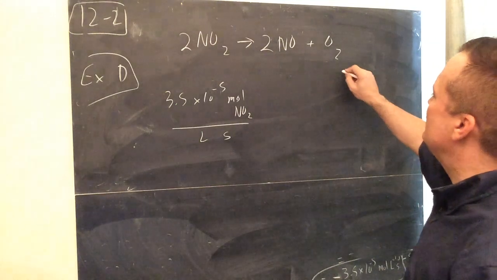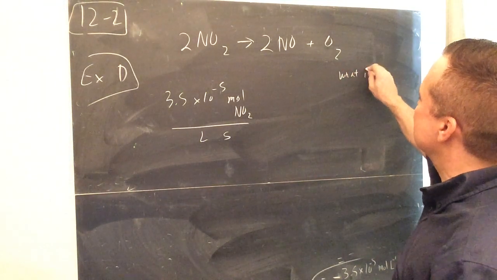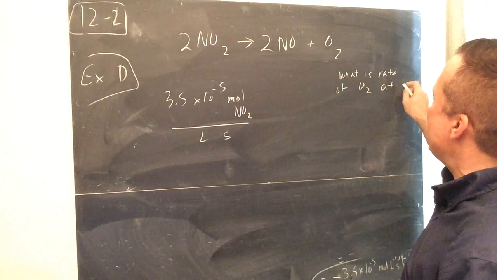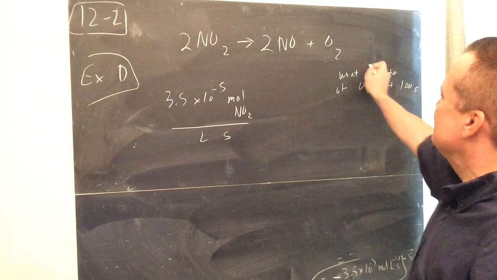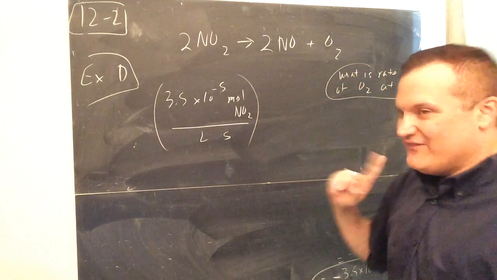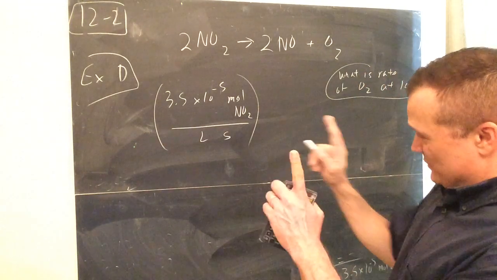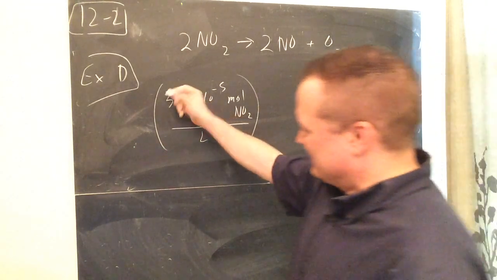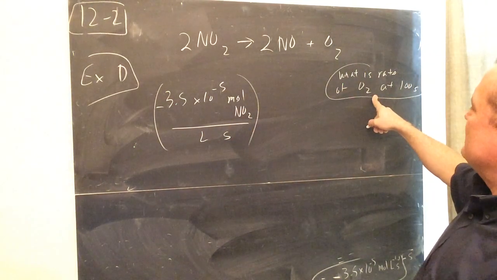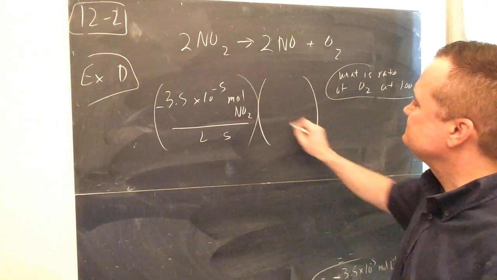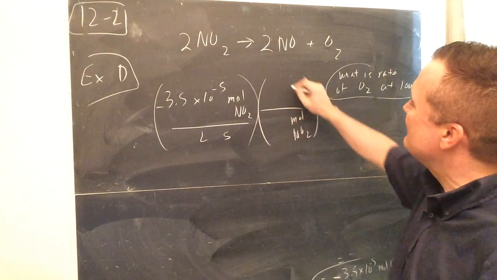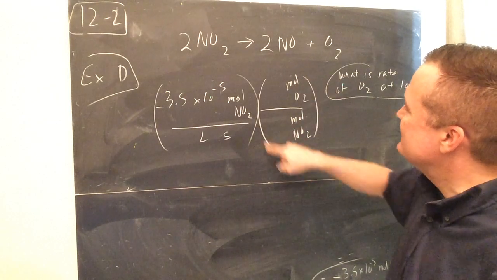If they ask you, what is the rate of O2 at 100 seconds? If they had asked you what will be O2's rate, here's all you would do. This is really important, and they do ask this on the AP. So in the first 100 seconds, that was the rate, technically negative, of NO2. What would be the rate of O2 at 100 seconds? Well, from moles of NO2, I go to moles of O2. Isn't this easy?